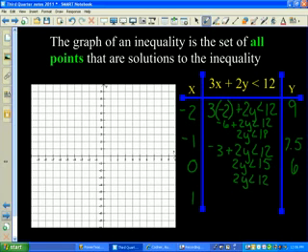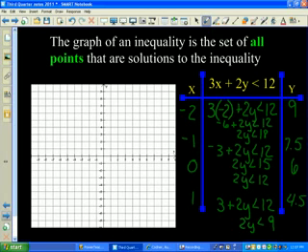And the last one, 3 times 1, this will give me 3, plus 2y is less than 12. Subtract 3 on both sides. So I got 2y is less than 9. Divide by 2 gives me 9 over 2, or a positive 4.5.